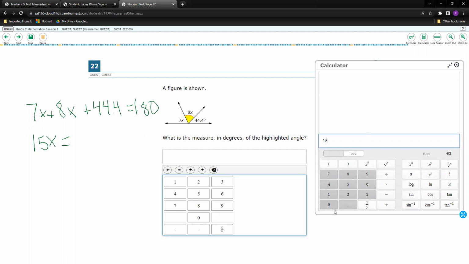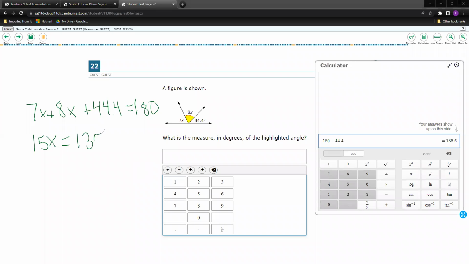So 180 minus 44.4, and 15 x's altogether are equal to 135.6. So we need to find out what 1x is in order to find out how many are 8x's.